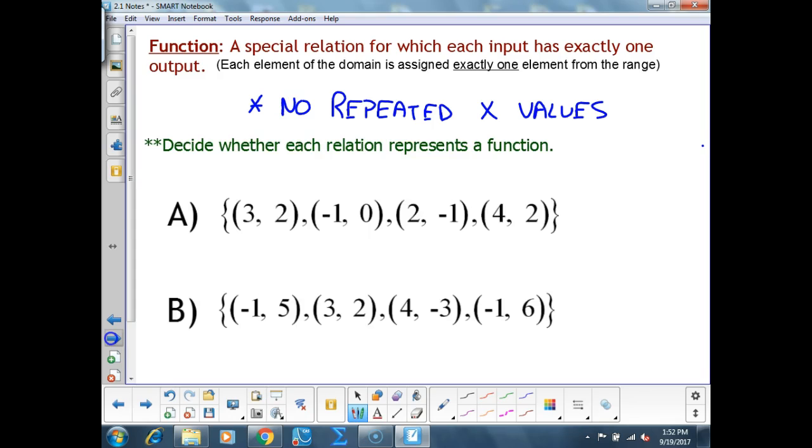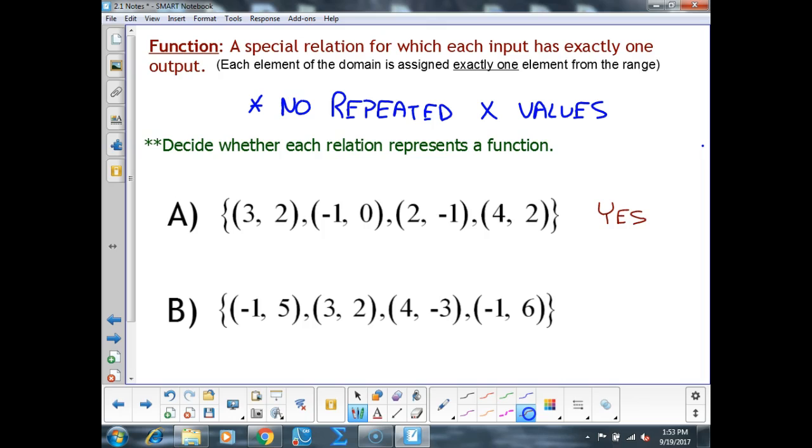One more. Decide whether or not a and b are functions. Well, what do you look at? X values. Are there any repeats in a? Yeah, that's a function. In b, is it a function? Why not?